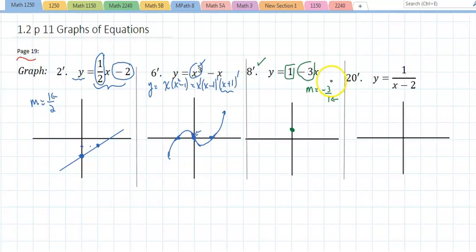This means for every 3 units that you rise, well, since it's negative, you're going to run 1, 2, 3. You're going to run to the right 1 unit. Or you could say this is 3/-1. For every 3 units that you rise, because it's positive, you would run back a unit.